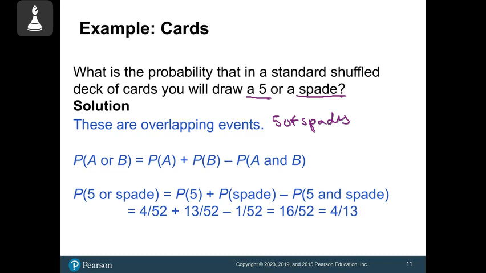So to get the probability of a 5 or a spade, we're going to find the probability of a 5, which is 4 out of 52 cards. The probability of spades, there are 13 out of 52 that are spades. And there is one card that is the 5 of spades here. That's our overlap. And it's going to be the exact same answer we had on the last slide, 16 out of 52, which does actually reduce to 4 out of 13.